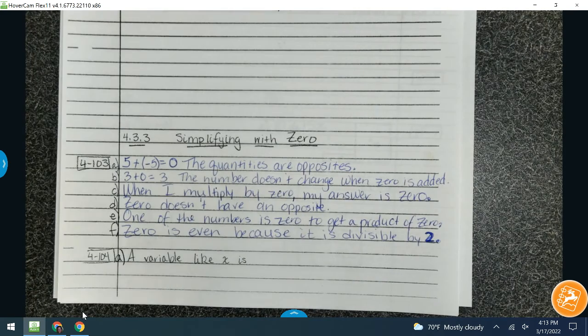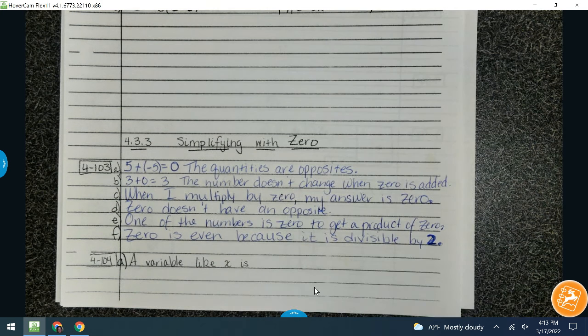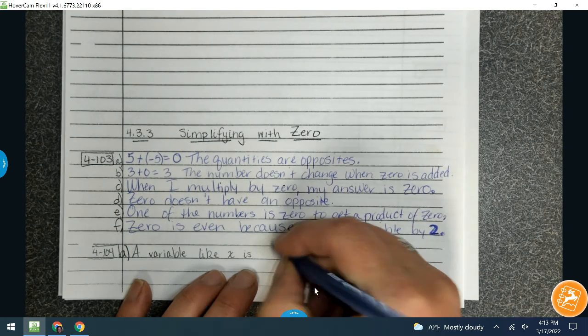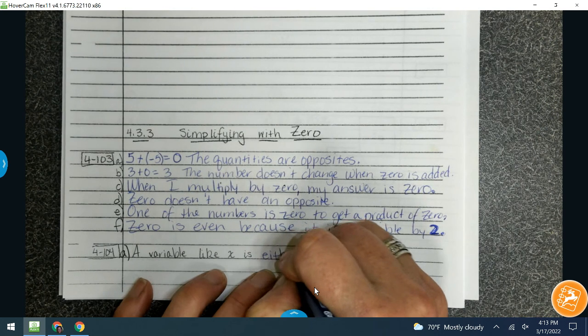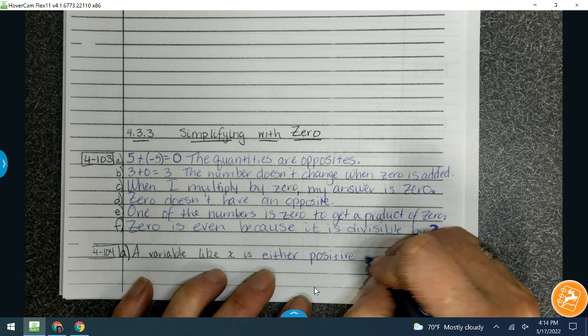So again, I want to make sure that I got that question answered. So is it always positive? Nope, it's not always positive. It just depends on what x is equal to. So a variable like x is either positive or negative.